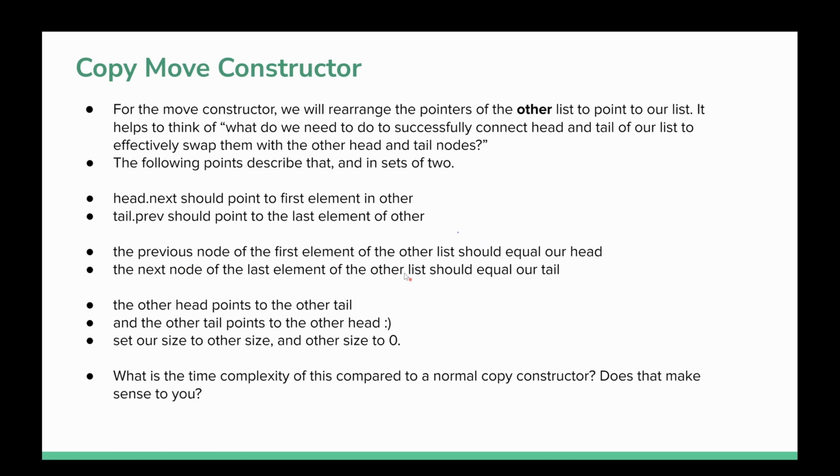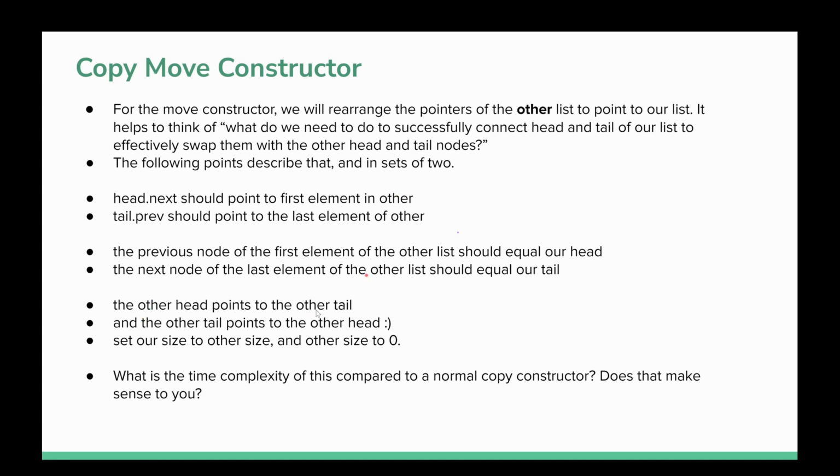The last element of the other list should then equal our tail, or rather the next node to it. This essentially means that the last element's next node should point to our tail, not the other tail anymore.